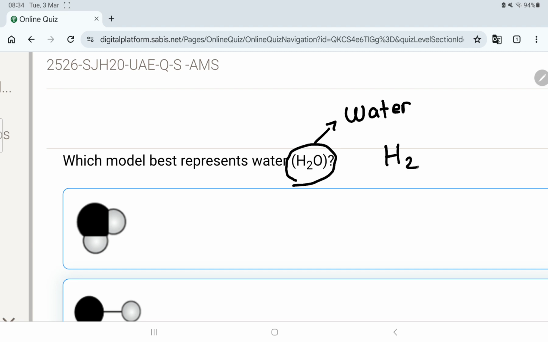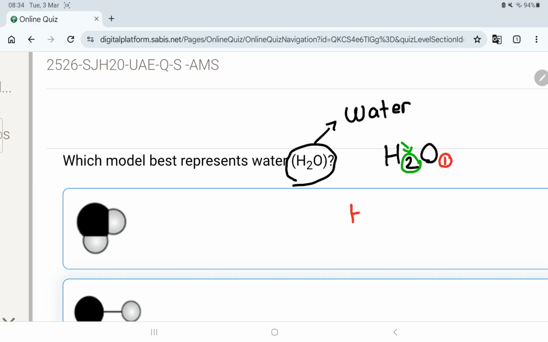Okay? But this is how you guys read a molecule, okay? So basically, each element is gonna have its own number. So H2, how many hydrogen atoms? 2 hydrogen atoms. And when there's nothing next to the letter, it just means 1.